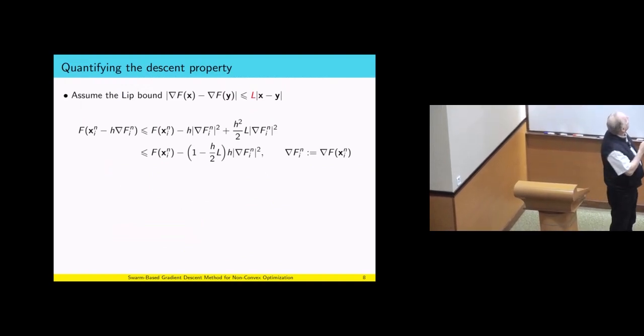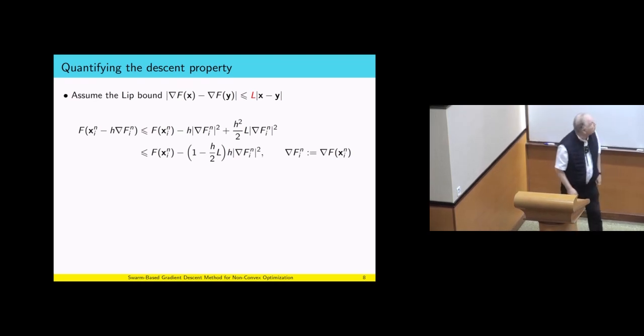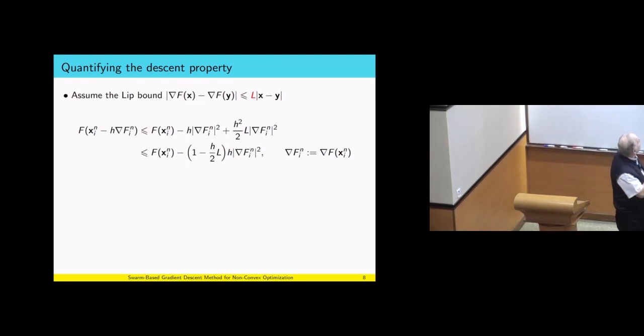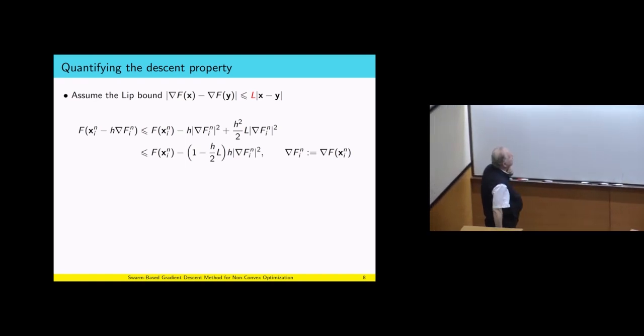Okay, now let's talk a little bit about the step size and quantifying the descent property. Let's assume that for the function f, the Hessian has a bound L. Then we know that if you expand it, this is the expansion, and this bounds the Hessian, then we get this kind of an estimate.